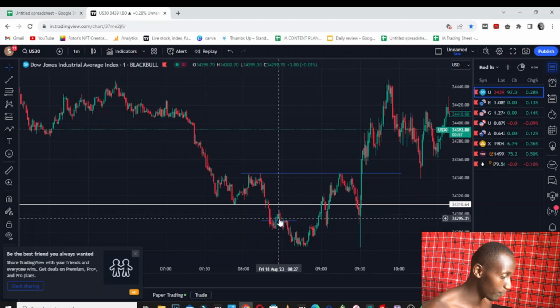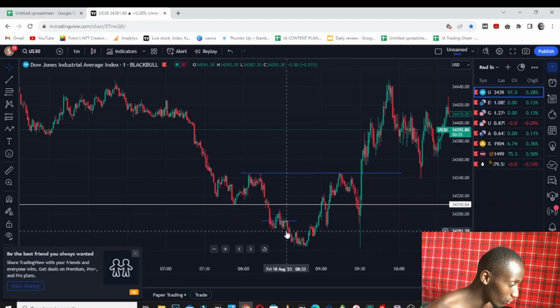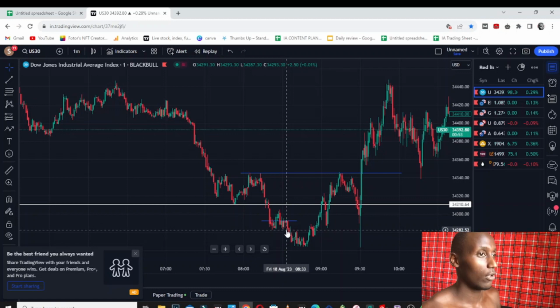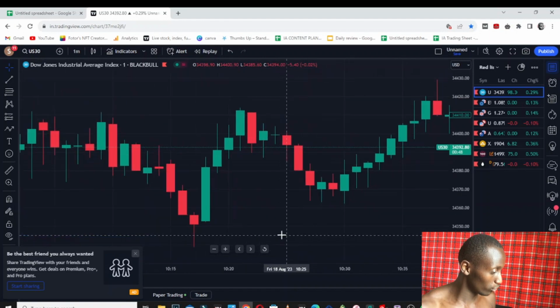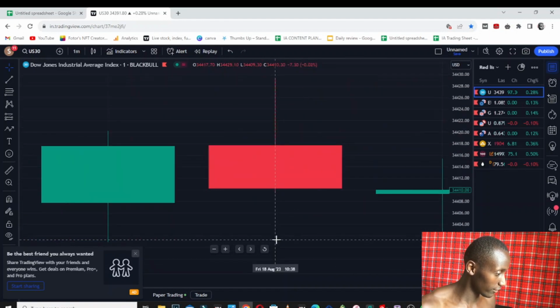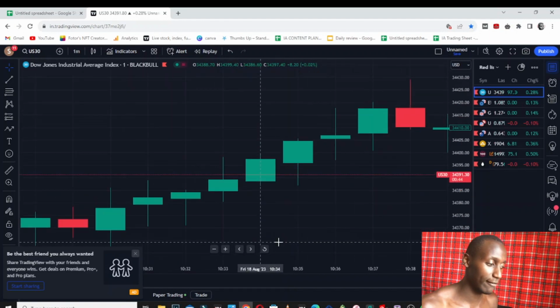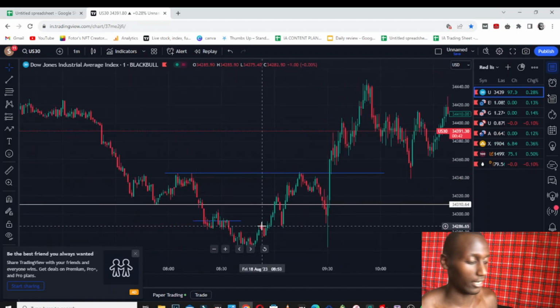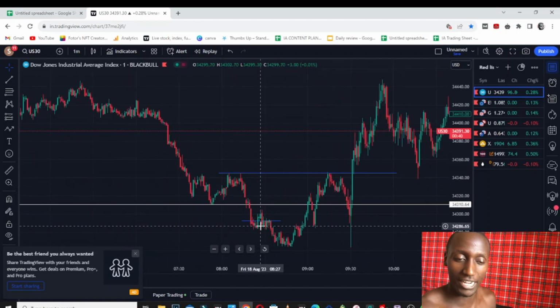Breakout, then pulls back, but we have no engulfment. Now, one thing you need to understand: if you have to push your cursor like that to see whether it's an engulfment, trust me, that is not an engulfment. You want to see a clear engulfment, just like you want to see a clear breakout. When you're not sure about it, there are plenty of instruments to check out for clear setups.